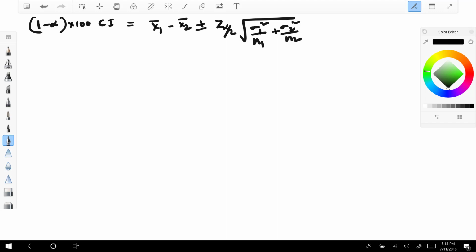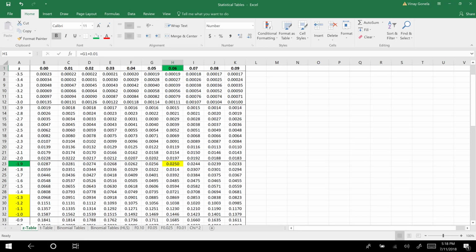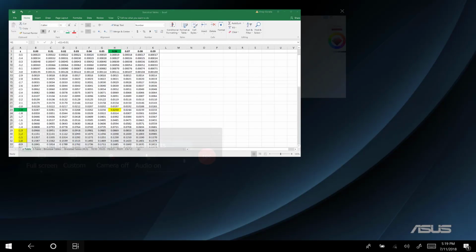So we know our x1 bar is 5, x2 bar is 4, and then z alpha over 2 we calculated from our z table. That is negative 1.96, but because we are doing confidence interval, we can just take the absolute value.